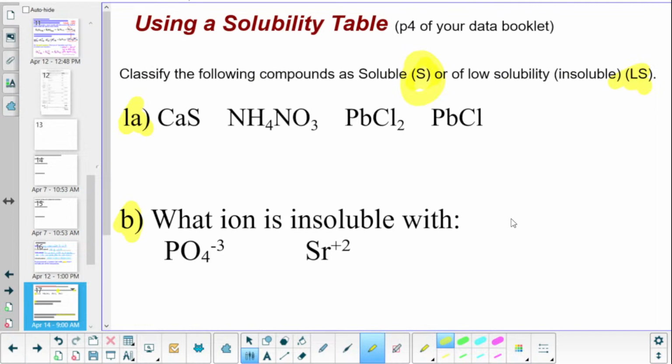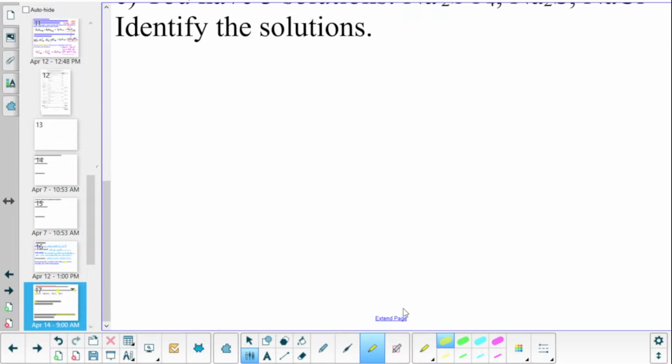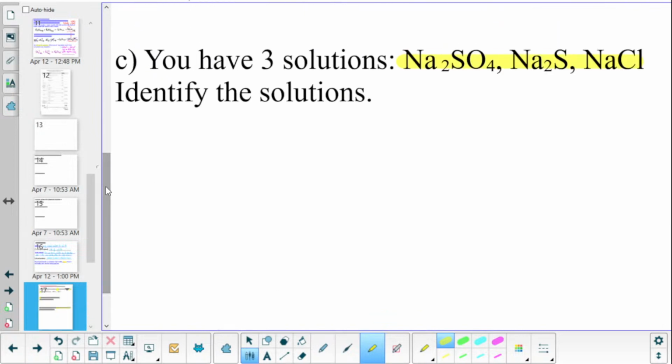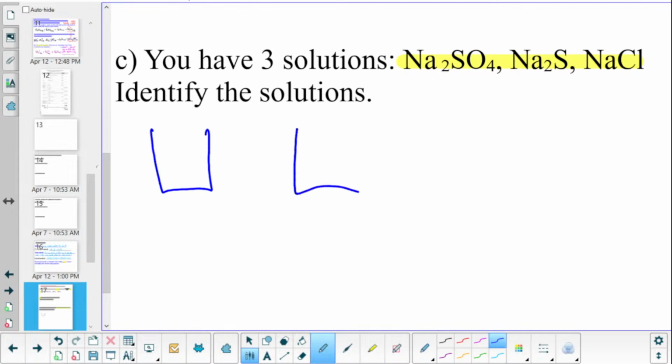I have to say what they react with. Did you get this? They're already named. Oh, okay. Imagine the tags fell off. They all have Na. I just say what they're soluble with. And I have 3 beakers, and we don't know what's in them.